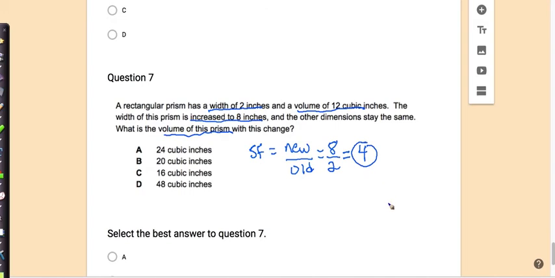So if the width gets multiplied by 4, what does the volume get multiplied by? 4. So 12 cubic inches, well, let's just do 12 times 4 is 48, and now let's put it in. So cubic inches.